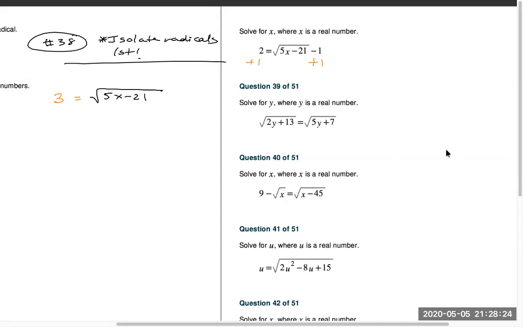This is a square root. So we need to square it to free the radicand. So here's my radicand, right? I'm trying to free that guy, and in order to do it, I have to square both sides.